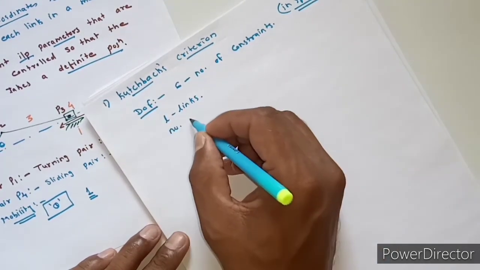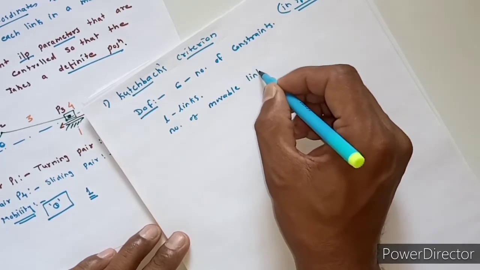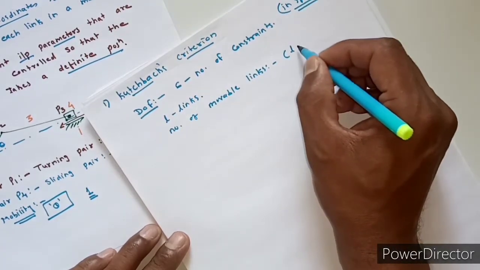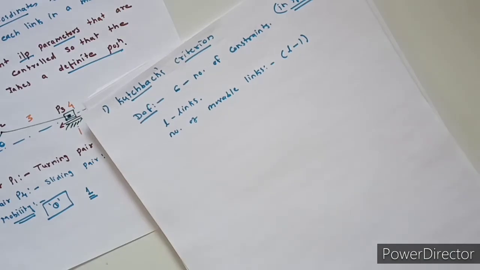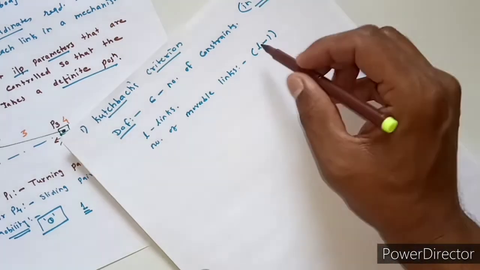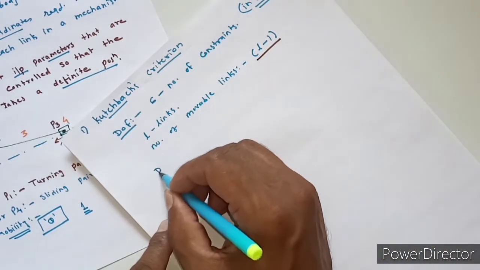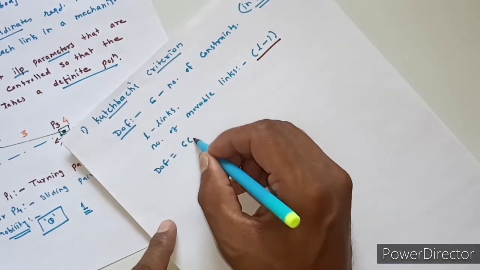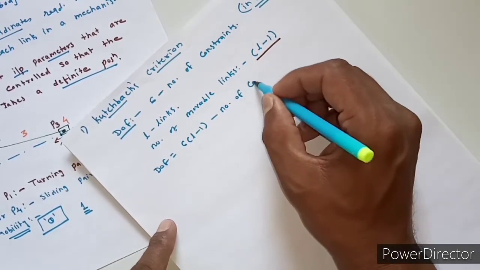So number of movable links in a mechanism are L minus 1, because to obtain the mechanism from a kinematic chain, we always fix one link. So total movable links in a mechanism consisting of L number of links become L minus 1. Now degrees of freedom of L minus 1 movable links equals 6(L minus 1) minus number of constraints.